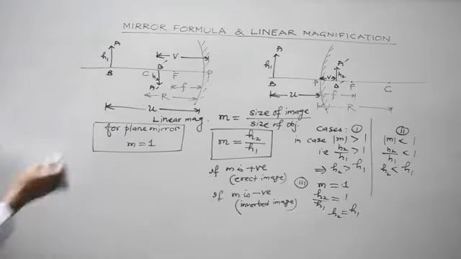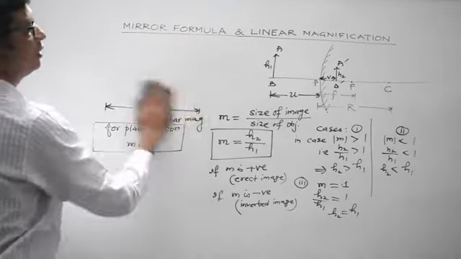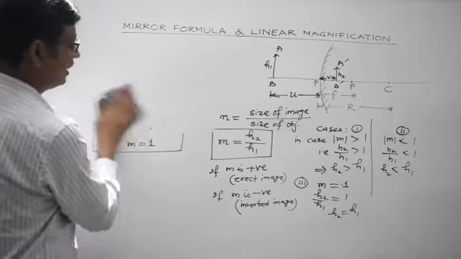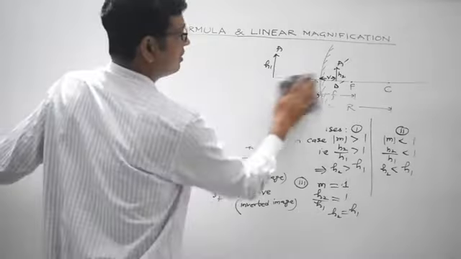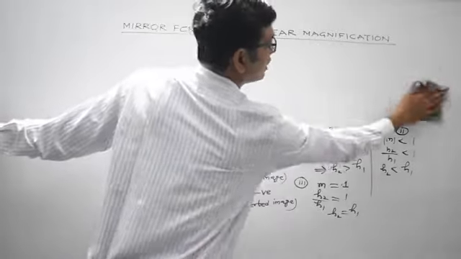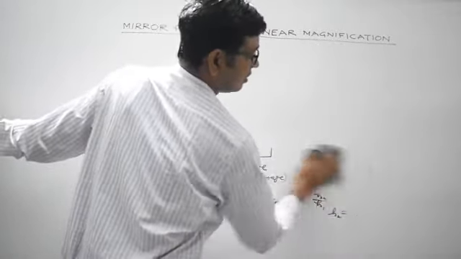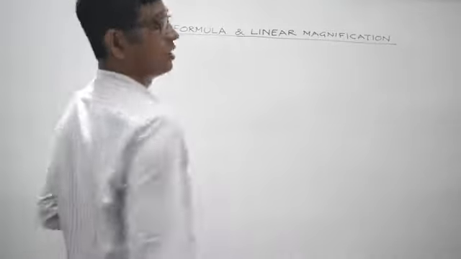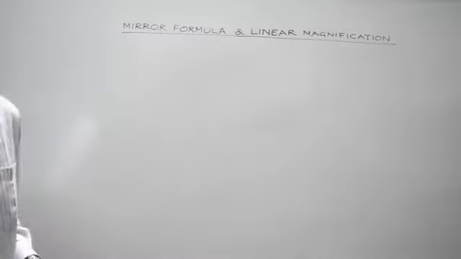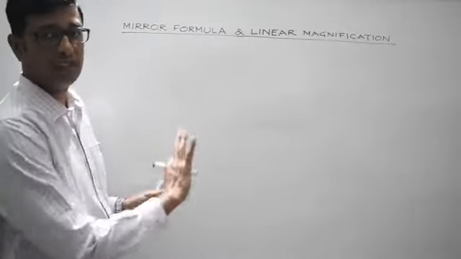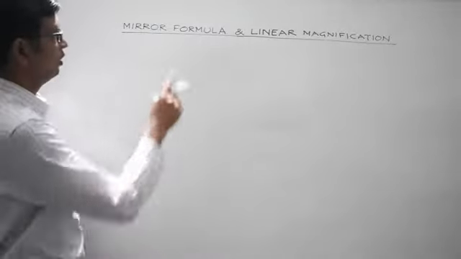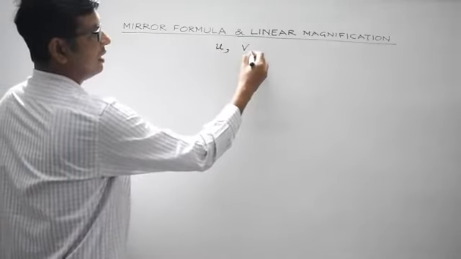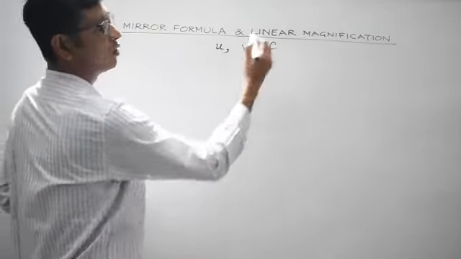Now we will discuss the mirror formula. The mirror formula is basically an expression relating object distance, image distance and the focal length of a mirror. It is applicable for all types of mirror, whether you are considering a concave mirror, convex mirror or plane mirror.